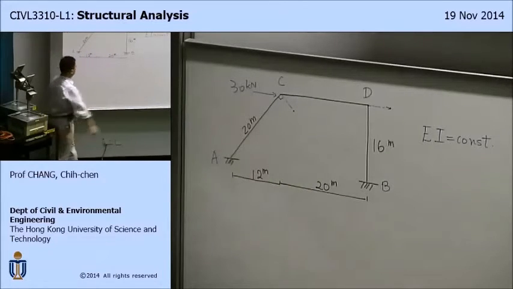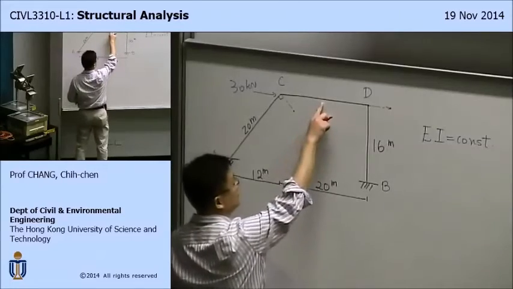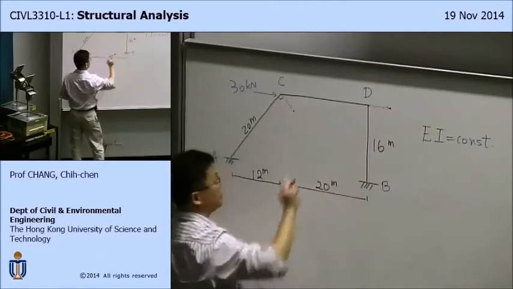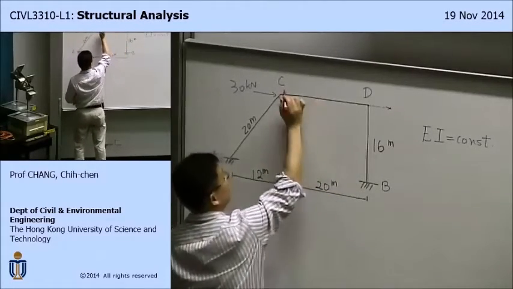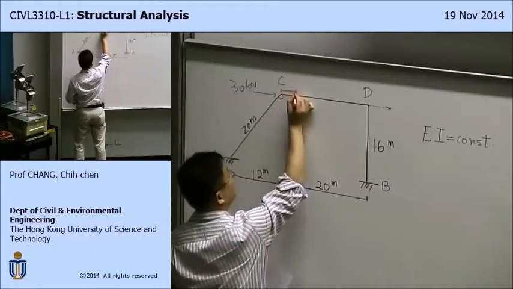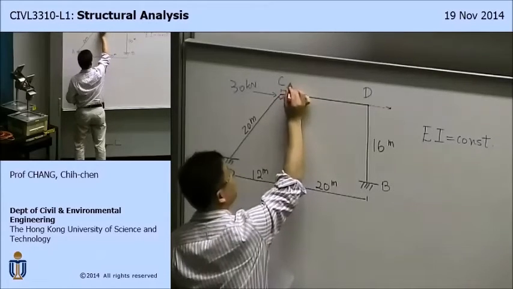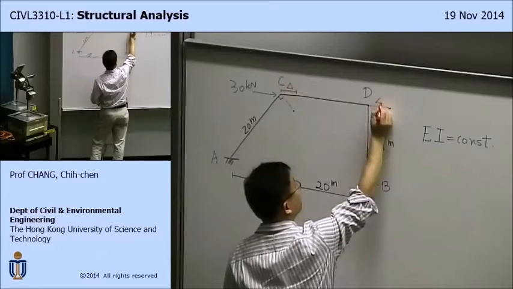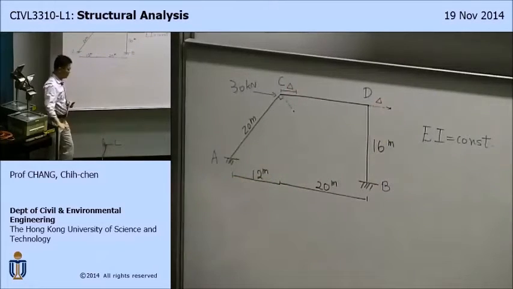And I also know that because of the inextensible assumption for CD, point C should move horizontally with an amount which is the same as the horizontal movement of D. They should be moving with the same amount in order to comply with the inextensible assumptions.